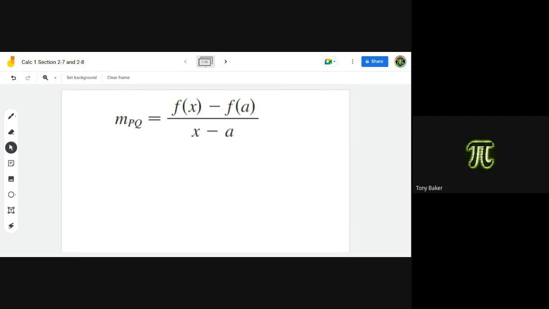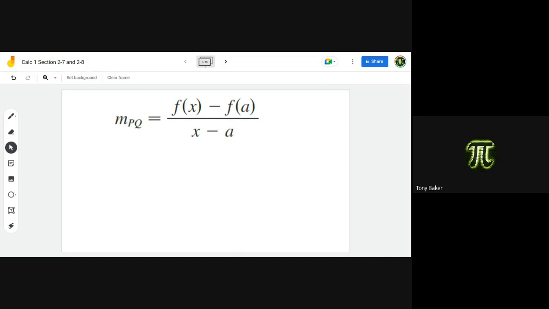So we're going to look at what derivatives really are. A derivative is slope. It is looking at how things change. Okay, so that's why we're going back to our slope equation.